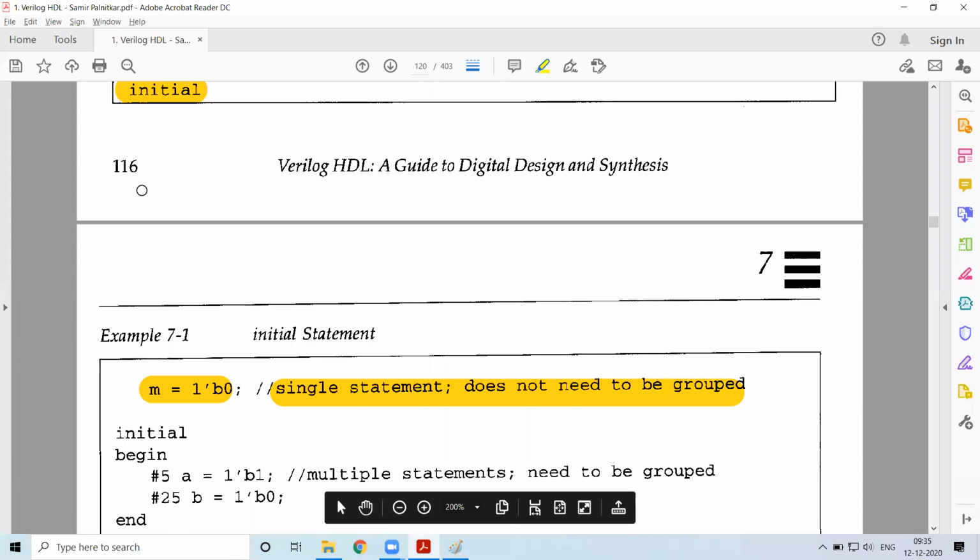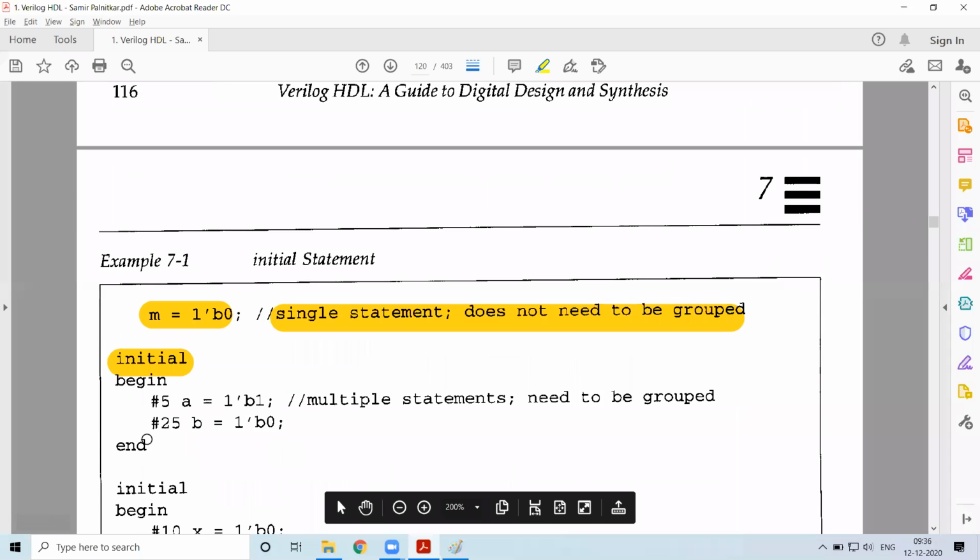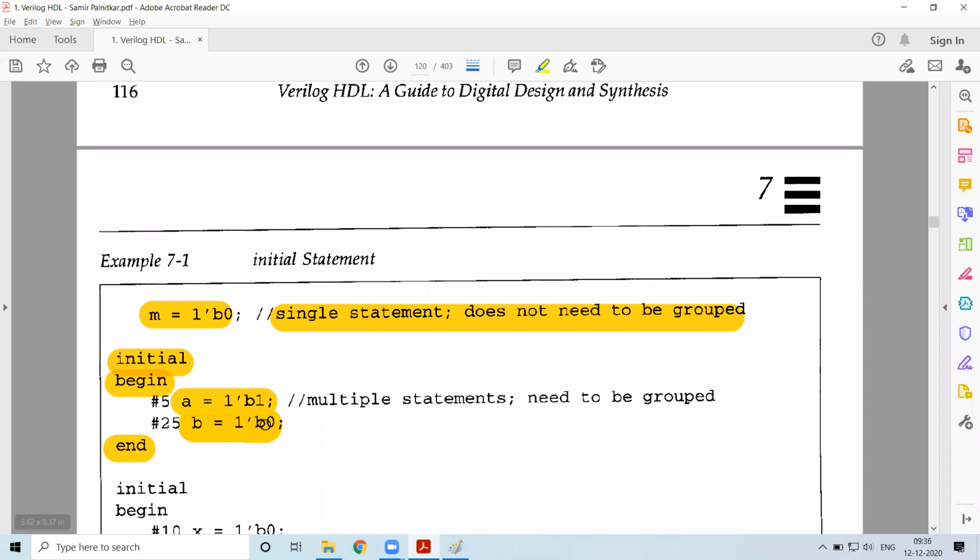Now here we can see that I have another initial block. This block and this block both start the execution at time t equal to 0. That is, at 0 time units, both will start the execution. Here you can see the begin and end keywords being utilized. We have a assigned bit 1 and b assigned bit 0.